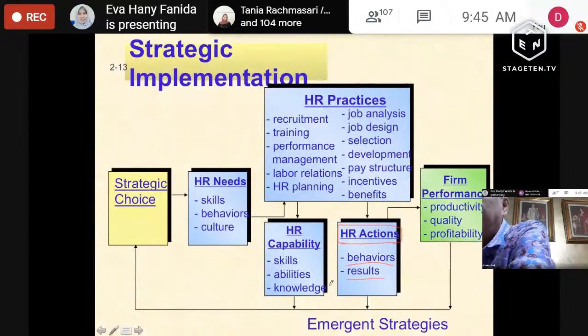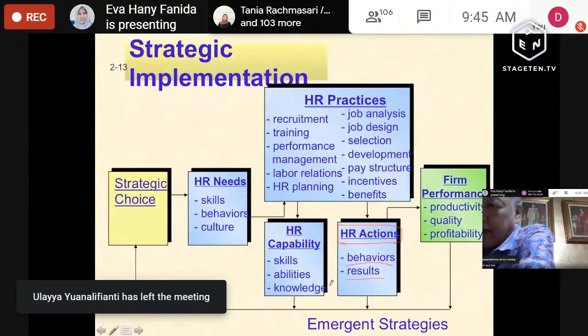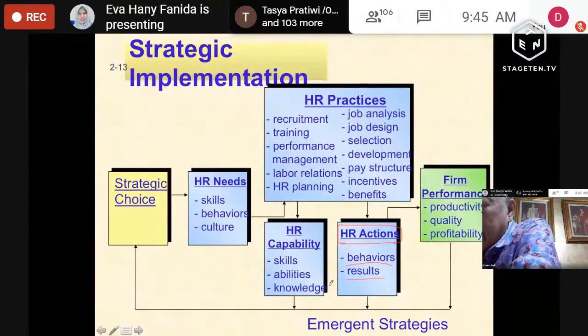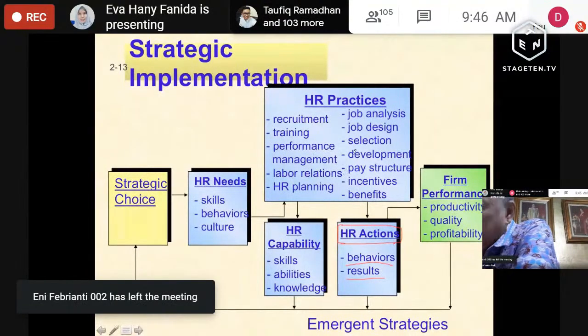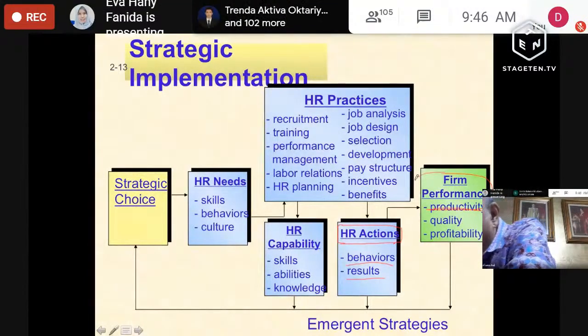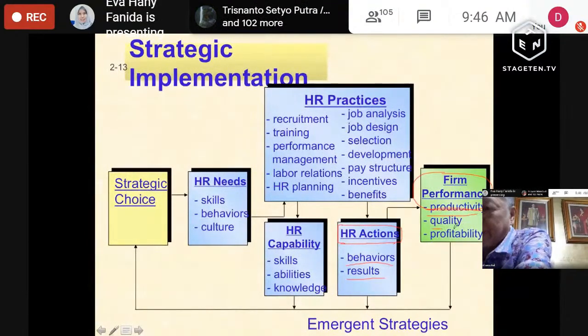If the firm performance succeeds, it means you can increase productivity, quality, and profitability. If your firm action is not successful, it means you lose, you are unproductive, you have no quality of your products and services. You get losses, something like that.